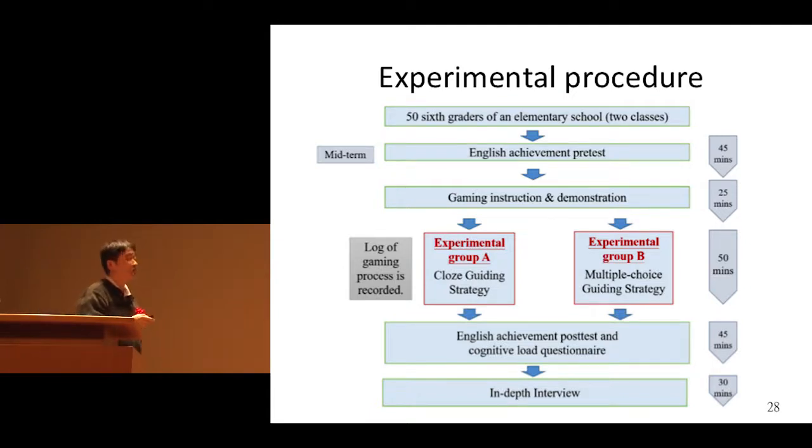The result is that the group learning with the Krohn's guiding strategy had better learning achievement than that learning with the multiple choice guiding strategy, although the game they played had the same content and the same learning missions. The only difference is the gaming interface.